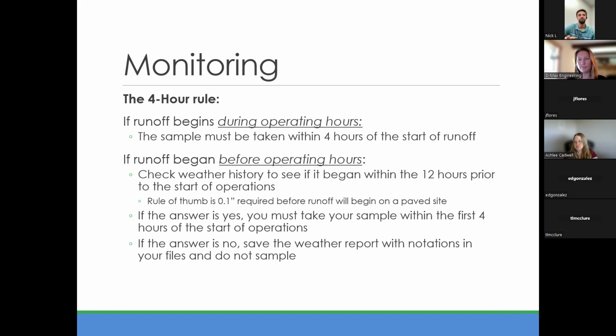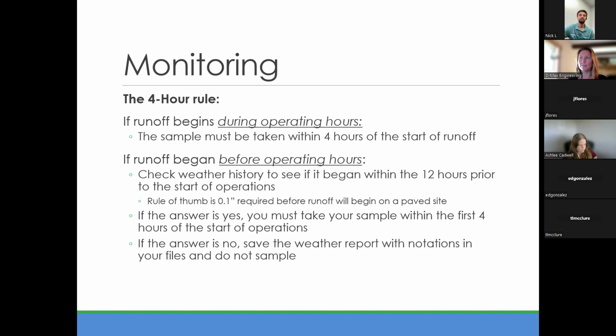So we have this 4-hour rule that the permit outlines. If runoff begins during operating hours, you must take the sample within 4 hours of that discharge starting. So if discharging starts at 8 a.m., you have till noon to take your sample.